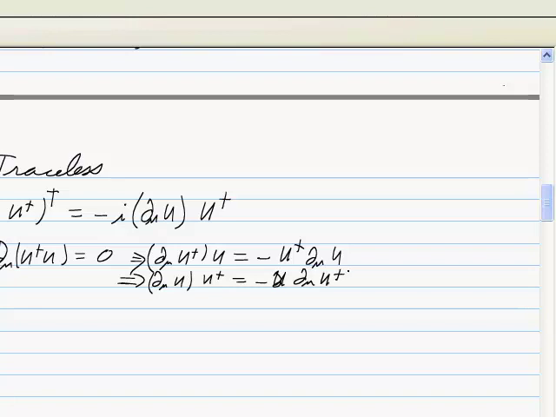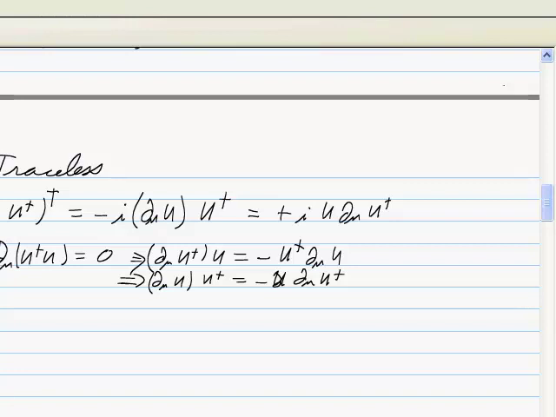Actually, that's the better one to use in this case. Again it's the same proof: d mu U dagger is minus that, with the I. That's a trick I use a lot.